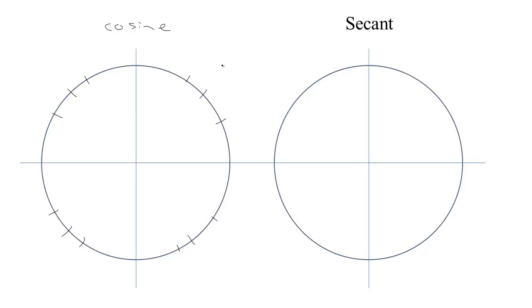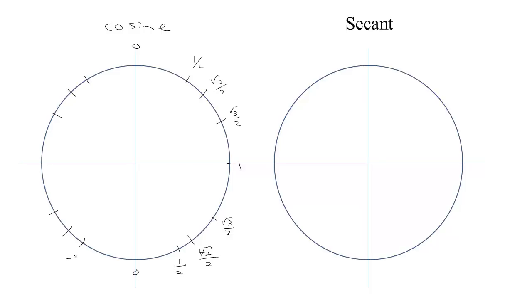So remember, our trick for cosine was, since it was the horizontal distance, we start out at 0, count forward: 1, square root of 1 over 2, square root of 2 over 2, square root of 3 over 2, square root of 4 over 2 is 1. Count back: square root of 3 over 2, square root of 2 over 2, square root of 1 over 2, square root of 0 over 2.